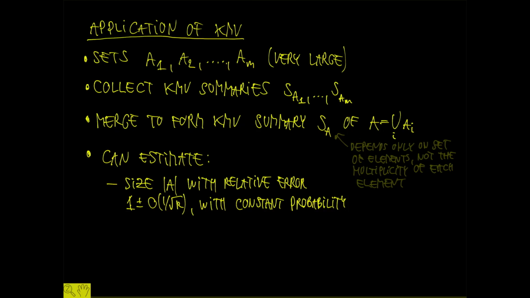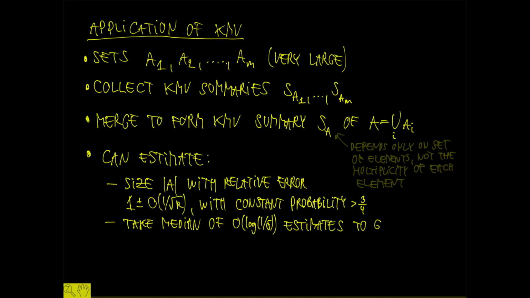If we want something more certain, we can use repetition and take several estimates and take the median to get an estimate that we are quite certain is true.